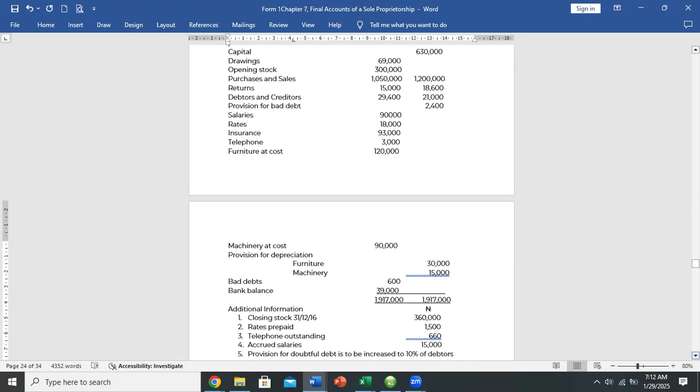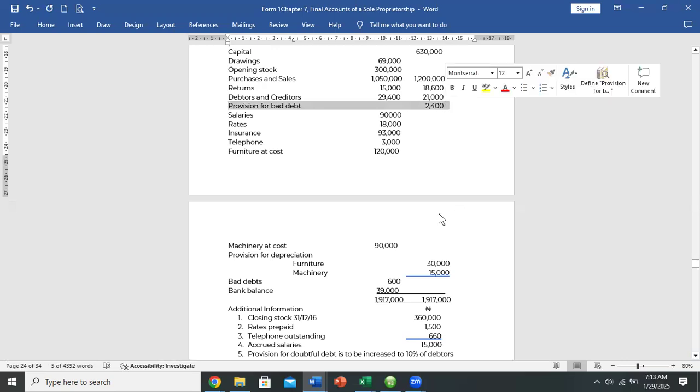If you have identified it, please let me know. Okay, I think it's here, right? The provision for bad debt in the trial balance, 2,400. So that will be the old provision, right? So let's put it down here.